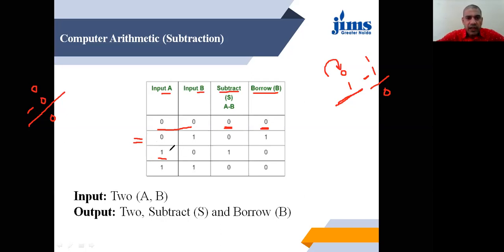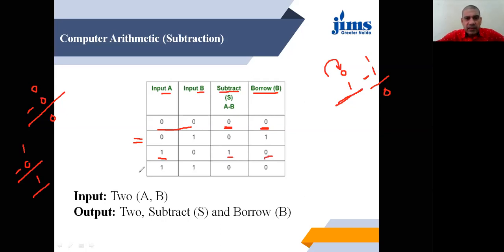So when we have to perform A minus B and A is 1 over here, B is 0 over here, when we have to perform the subtraction of these two, this is 1 minus 0 is 1, as we know in the case of decimal also. So the subtraction is 1 and we are not taking any carry at all.